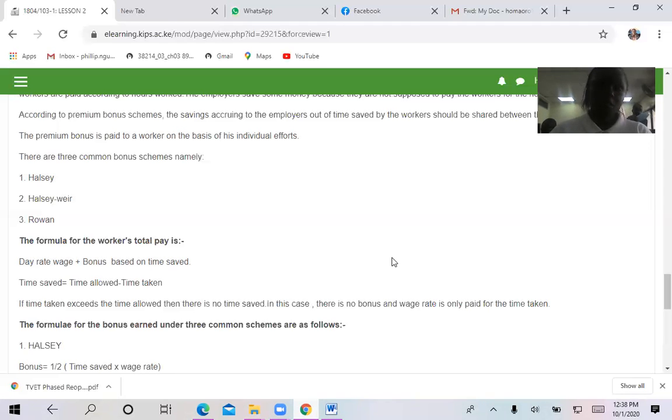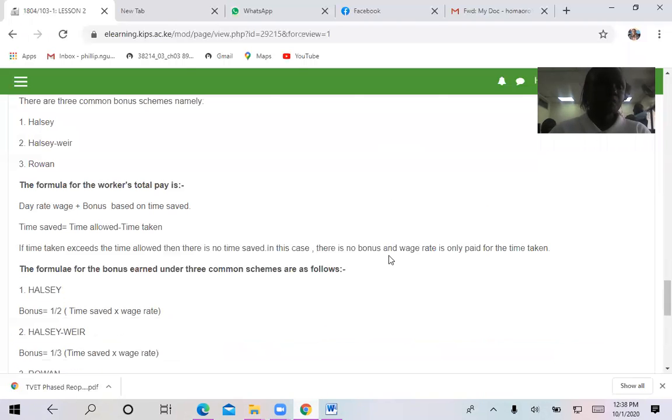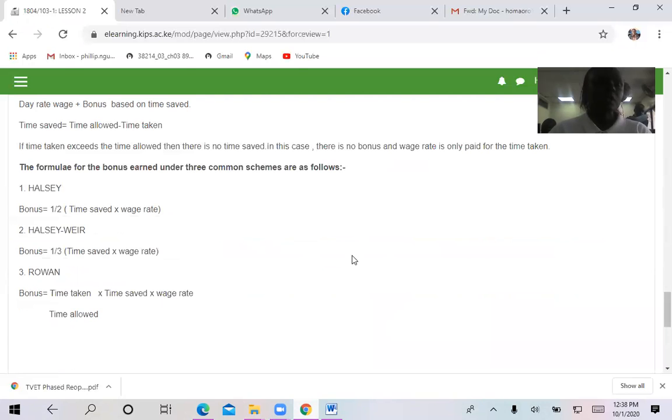So let us look at the three bonus schemes. We have Halsey. I'll give you the formula. For Halsey, bonus equals a half into brackets time saved times wage rate.